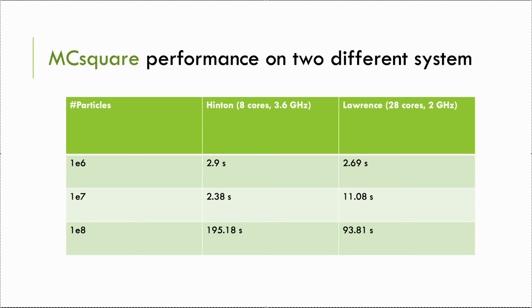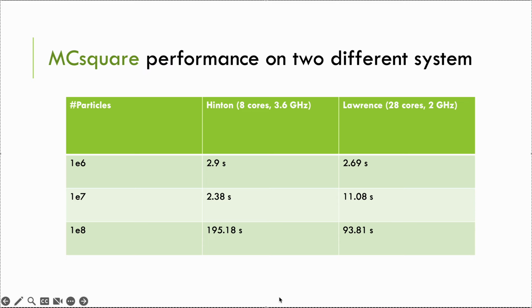Anyway, I ran multi-core Monte Carlo on Hinton, a system with 8 CPU cores at 3.6 gigahertz clock speed, which also has a GPU, and on Lawrence, which has 56 threads and 28 cores, but the clock speed is limited to 2 gigahertz.